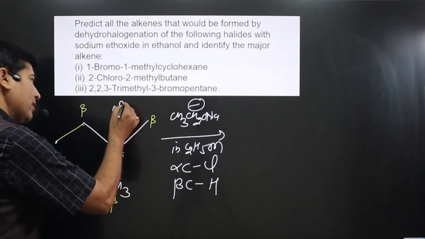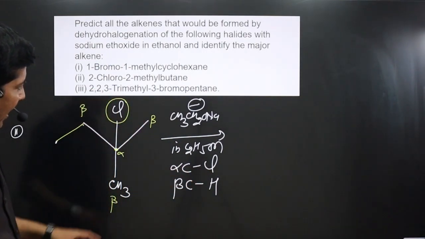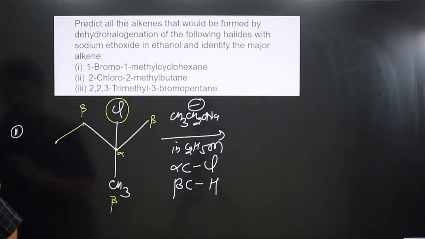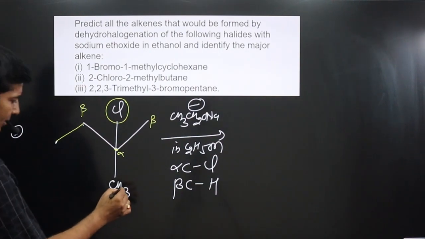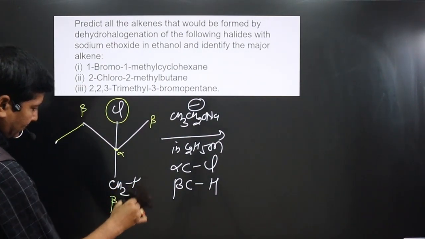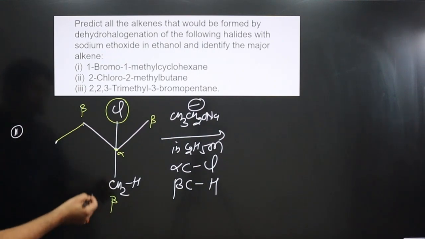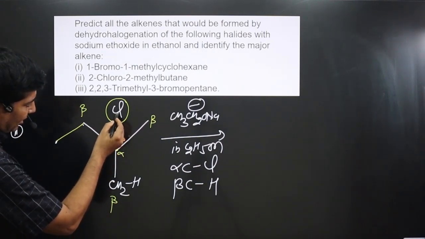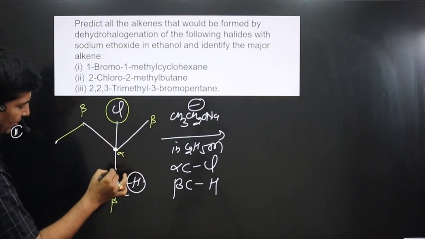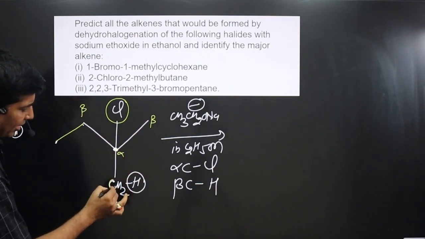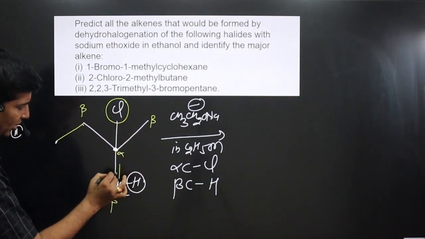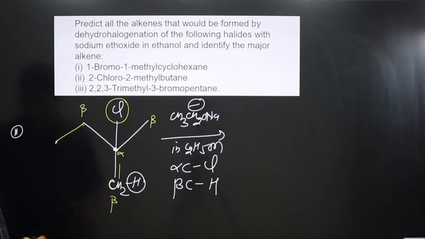Let's say I remove Cl from the alpha carbon, and I consider this one. I can write CH2 and H here: from alpha carbon Cl, and from beta carbon H. Between these carbons we are removing hydrogen halide, so a double bond will come here to satisfy the valency of these two carbons.